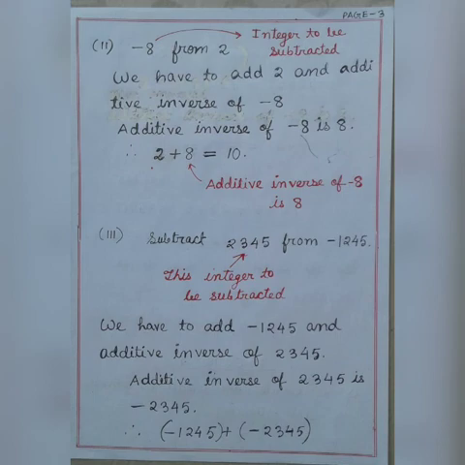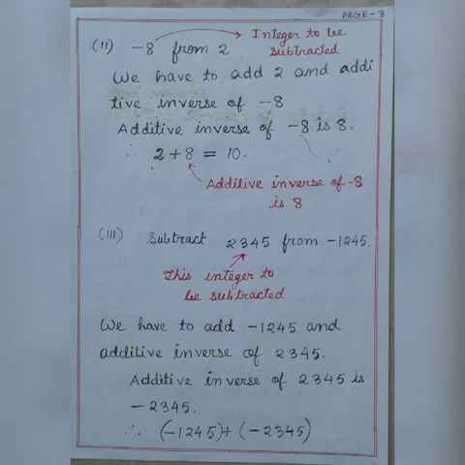Example number 3. Subtract 2345 from minus 1245. So 2345 is the integer to be subtracted. Now we have to add minus 1245 and the additive inverse of 2345.